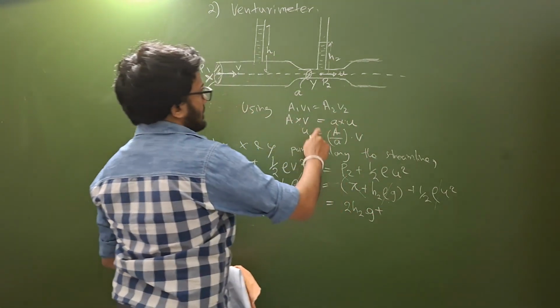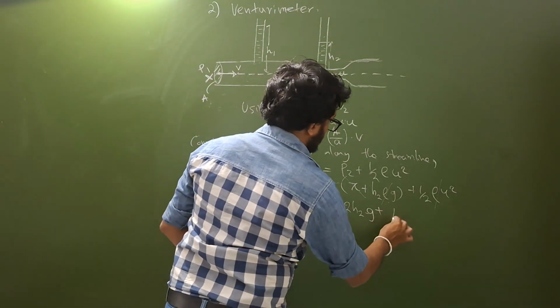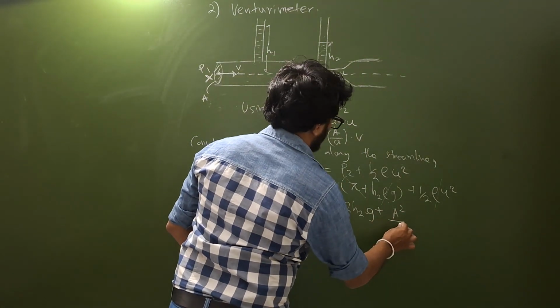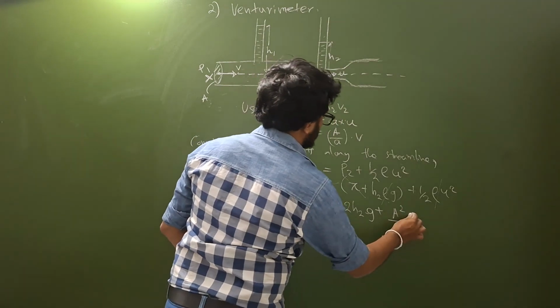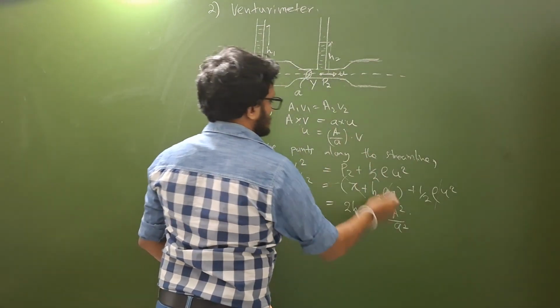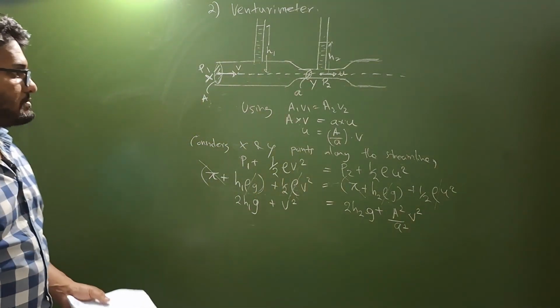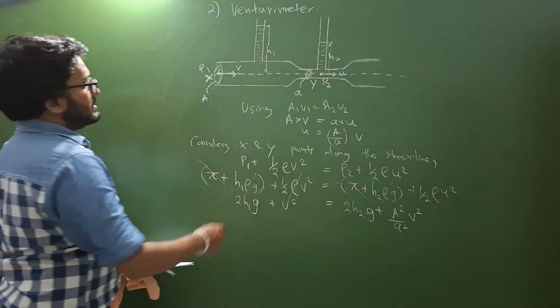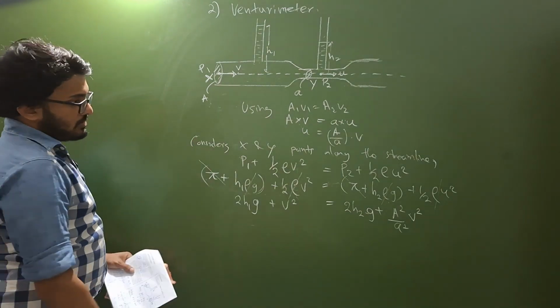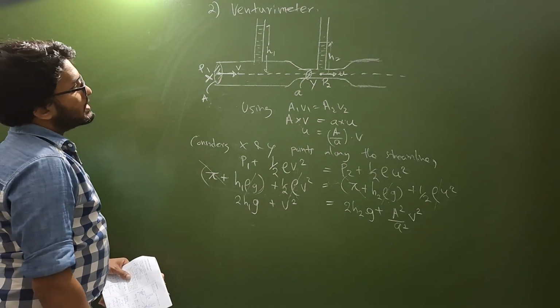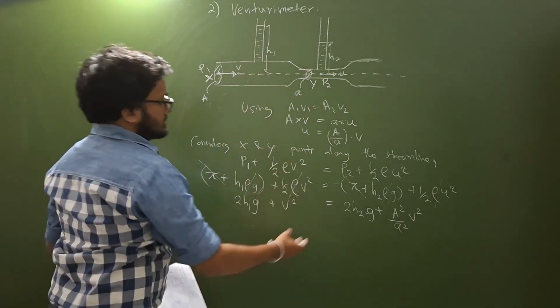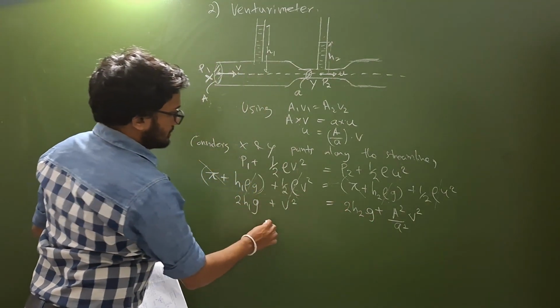For U squared, I can substitute this one: small a squared over capital A squared into V squared. I have to subject V here to find the velocity V. What is the larger height? H1 is the larger height, so I will take this to this side.